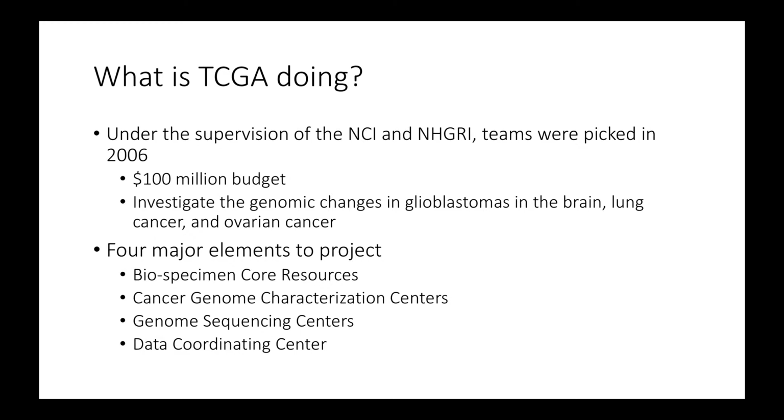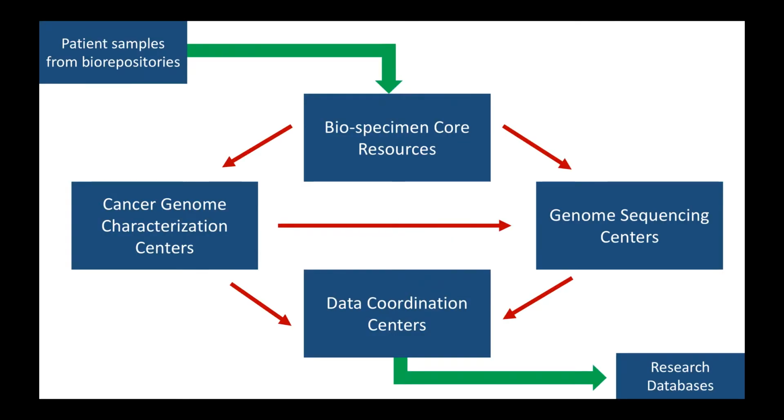Now, there are four major elements to the Cancer Genome Atlas project: the Biospecimen Core Resources, Cancer Genome Characterization Centers, Genome Sequencing Centers, and the Data Coordination Centers. Specimens go to the Biospecimen Core Resource, which then coordinates with the other major parts of the project to uncover the large-scale genomic changes that contribute to the development and the progression of cancer.